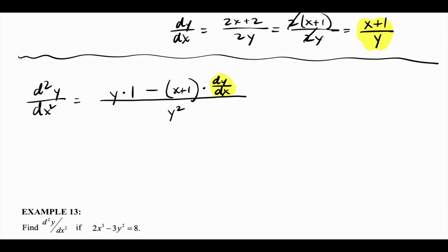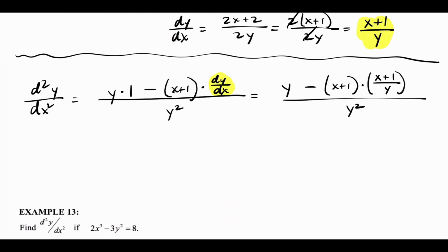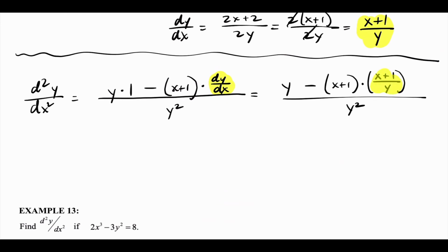So instead of dy/dx, I have 1 minus (x + 1) times 2 dy/dx.